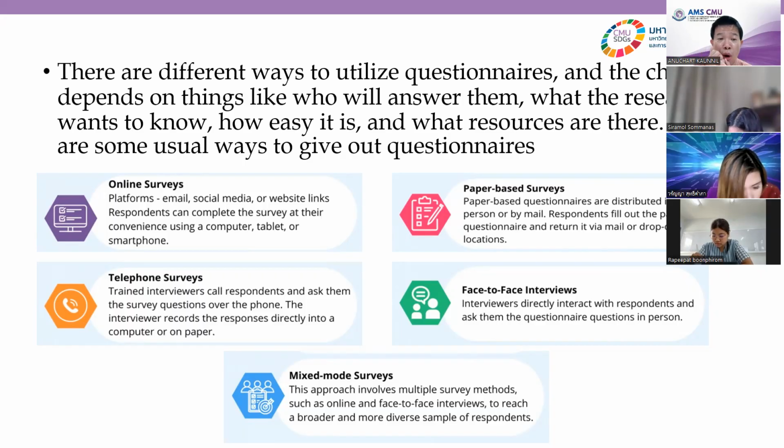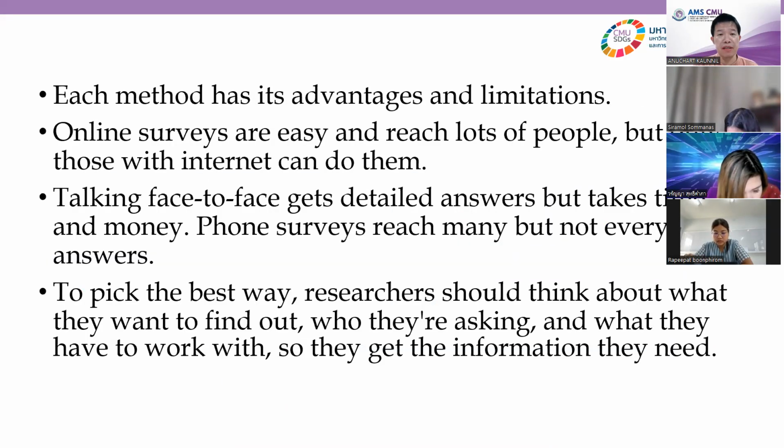Some people do just online, but with just a Google Form you cannot see anything, right? You see just the text when they finish. Some people need face-to-face and online as well. This is the variety of different ways to utilize a questionnaire. Each method has advantages and limitations. An online survey might be easy and reach a lot of people, but it depends on the group of people as well.